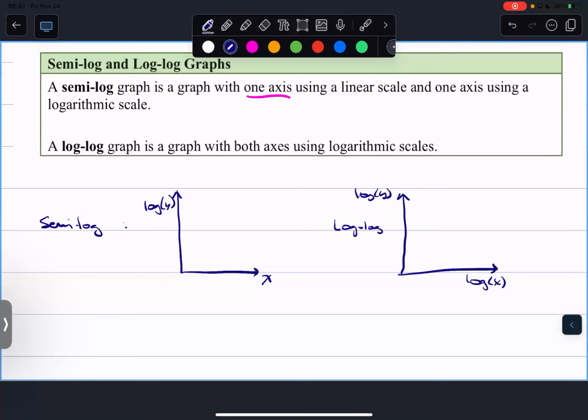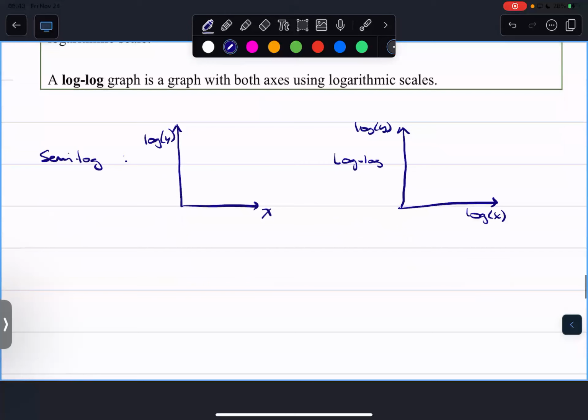How do you know when to take the log? We take the log if the values are showing exponential behavior.